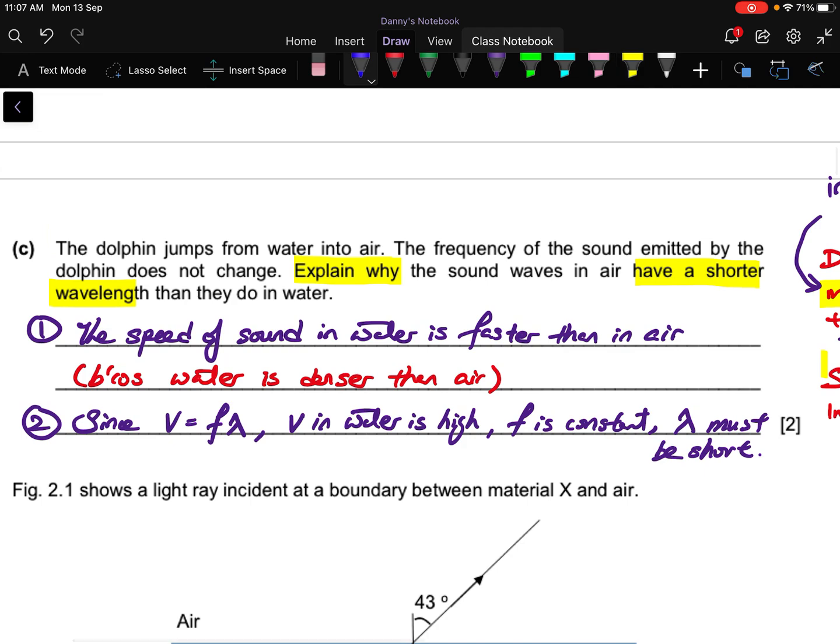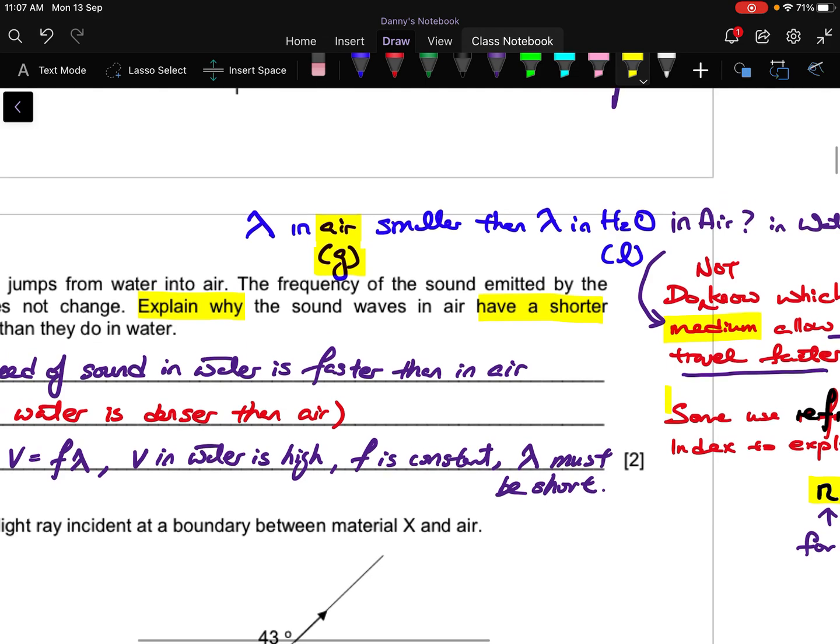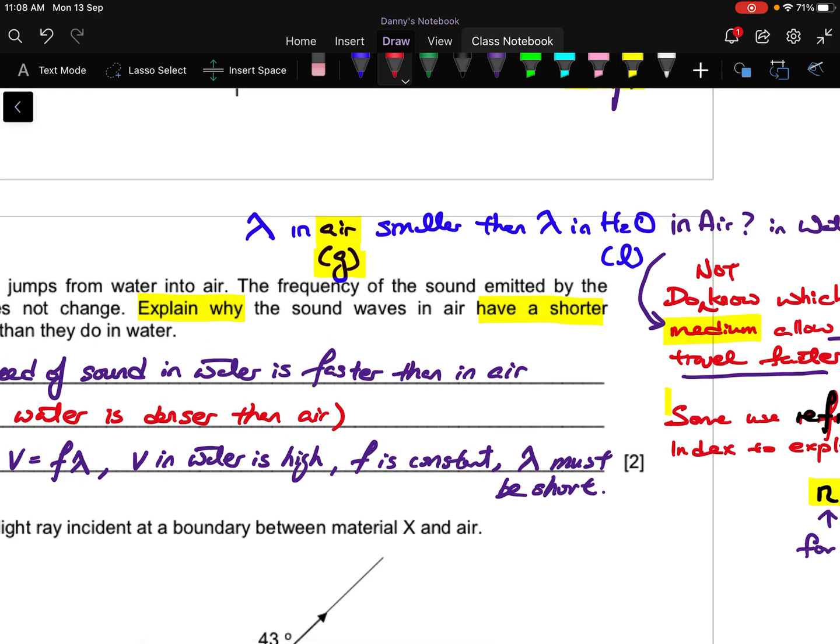The question is asking you to explain why the wavelength in air is smaller than the wavelength in water. Because air is in gaseous state and water is in liquid state, you will be able to tell that for air, the density is actually lower, right?